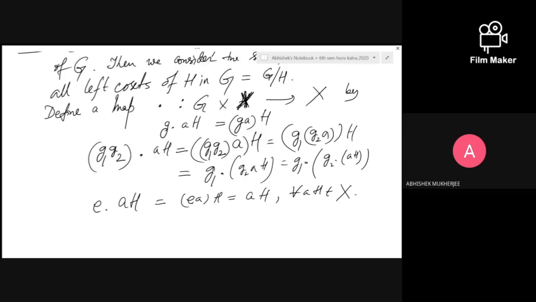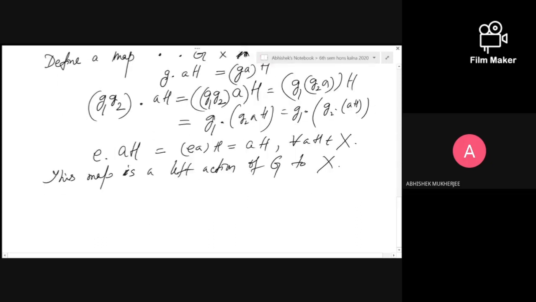Therefore this map is a left action of G on X. Okay.